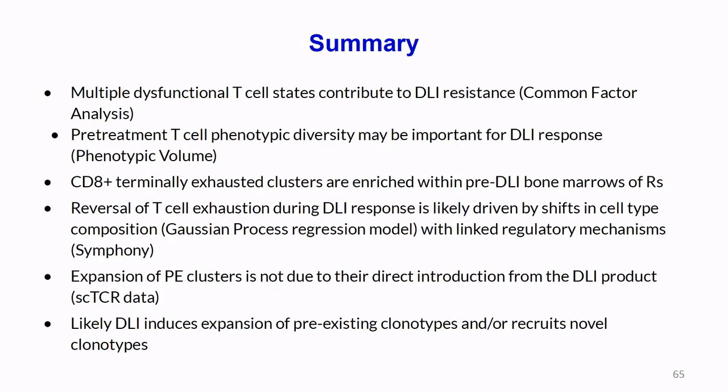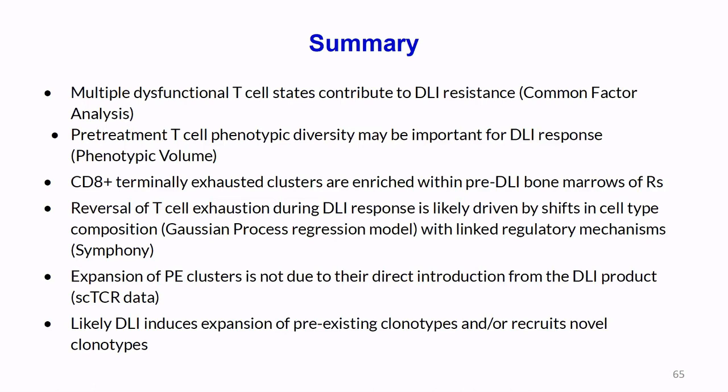So to summarize, we found using common factor analysis methods that there are multiple forms of T-cell dysfunction, especially seen in non-responders, attributed to resistance. And we found that using the phenotypic volume metric, the pre-treatment T-cell diversity could be important for the response.